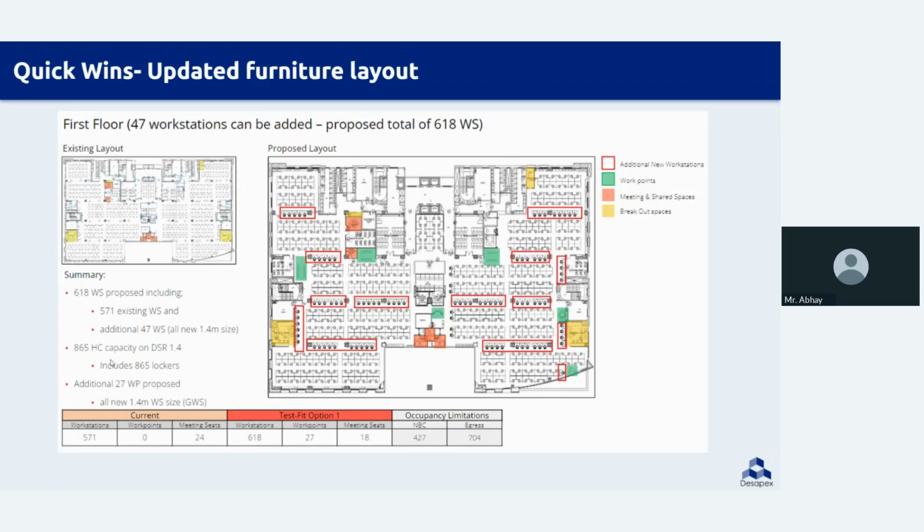For example, on this floor we had 571 workstations. With minor modifications, like you can see highlighted here, we could add 47 more workstations and take it to 618. It would take very little cost and time, and the win would be 47. This is the quick win layout.